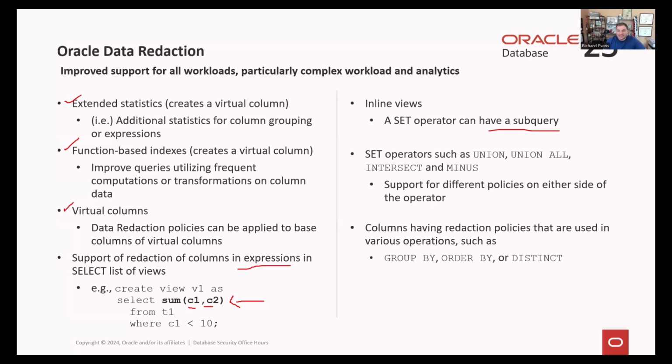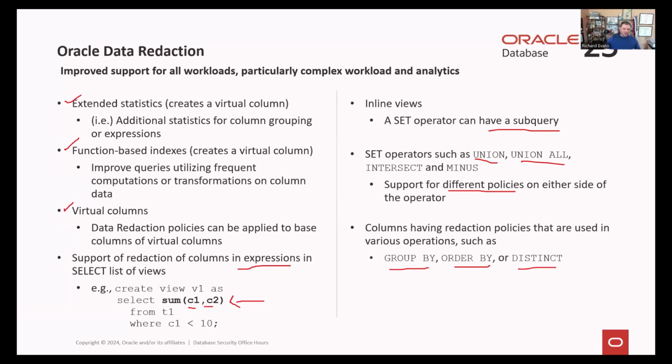Operators and having different policies on either side of the operation. So the union all, the intersect, the minus. You can have different policies on different sides. So T1 and T2 for different tables that were union or were intersecting or were joining somehow there. We support different policies. And then columns that have redaction policies can be used in various operations. So group by, order by, distinct.